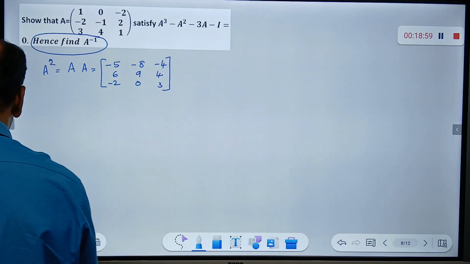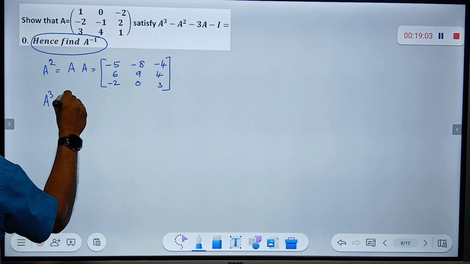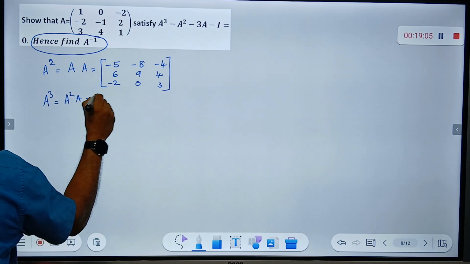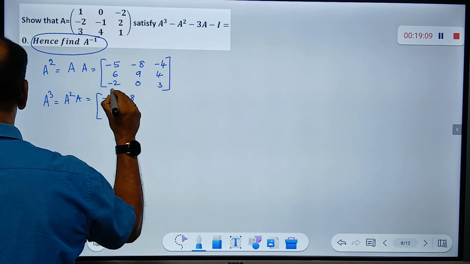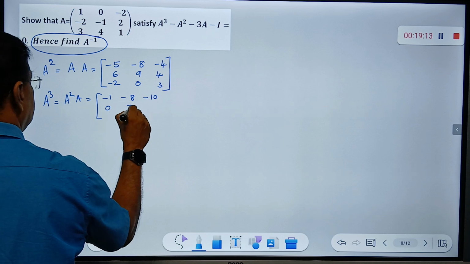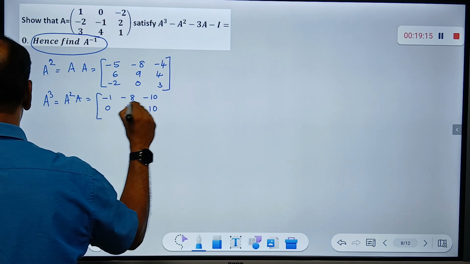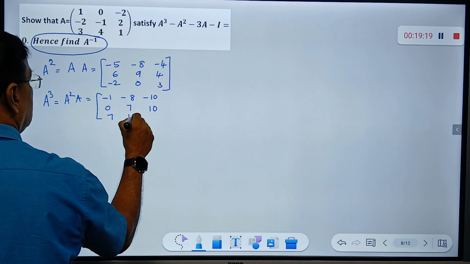And then what you do? You go for A cube. What is A cube? A cube is A square into A, or you can do A into A square. The A cube also I have done. This is minus 1, minus 8, minus 10, 0, 7 and 10. I think it was 7, 12 and 7.